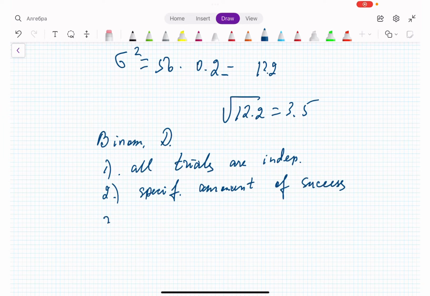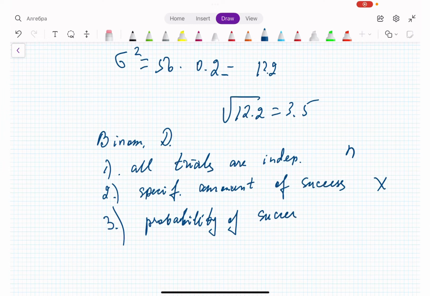And then we need to have all trials, this is the value of n, this is the value of x, and then the probability of success, that's our p value, that's the percentage, and q is going to be 1 minus p.